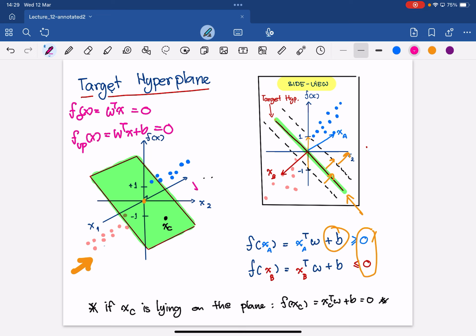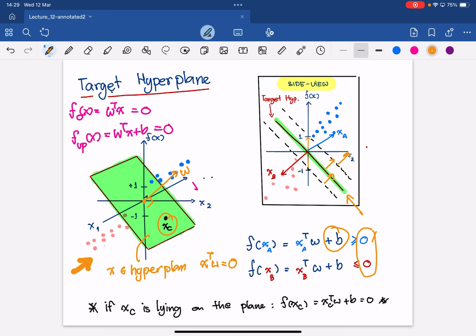We say that W here is the normal vector. When it's normal, that means it's orthogonal. If those points are in the hyperplane, that means every point is going to be orthogonal to that. Therefore, for every x in the hyperplane, X transpose W has to equal 0.